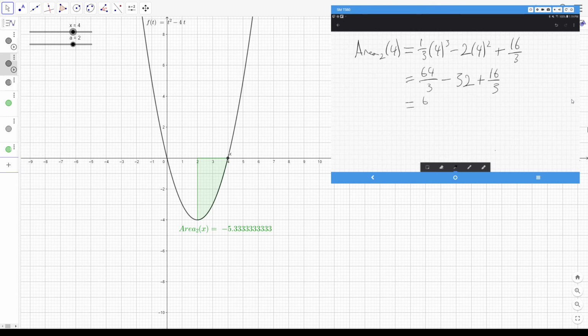Let's get a common denominator between all things. 32 times 3, 96. So that's 96 thirds. And then plus 16 thirds. So we just got a common denominator with the 32 and the other two terms there. And so if we do 64 plus 16, that's 80. And then minus 96, that's negative 16 thirds.